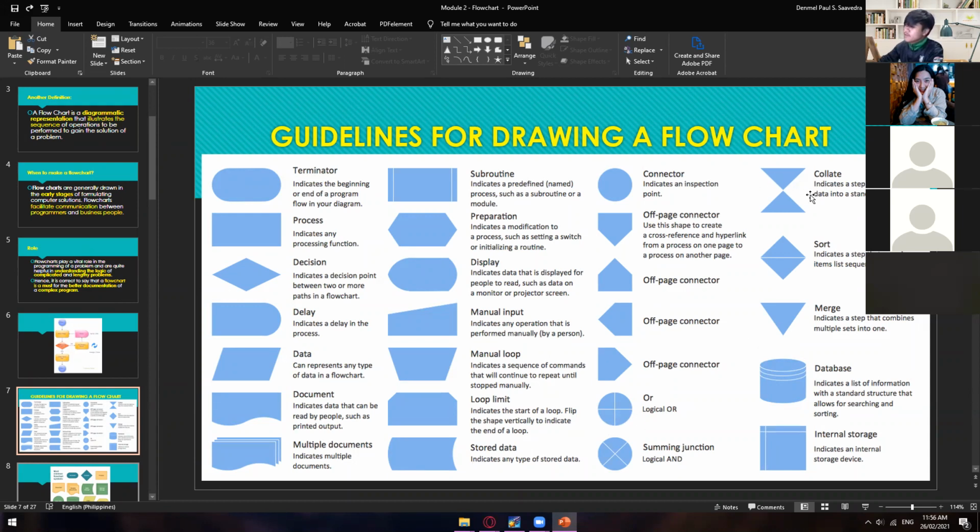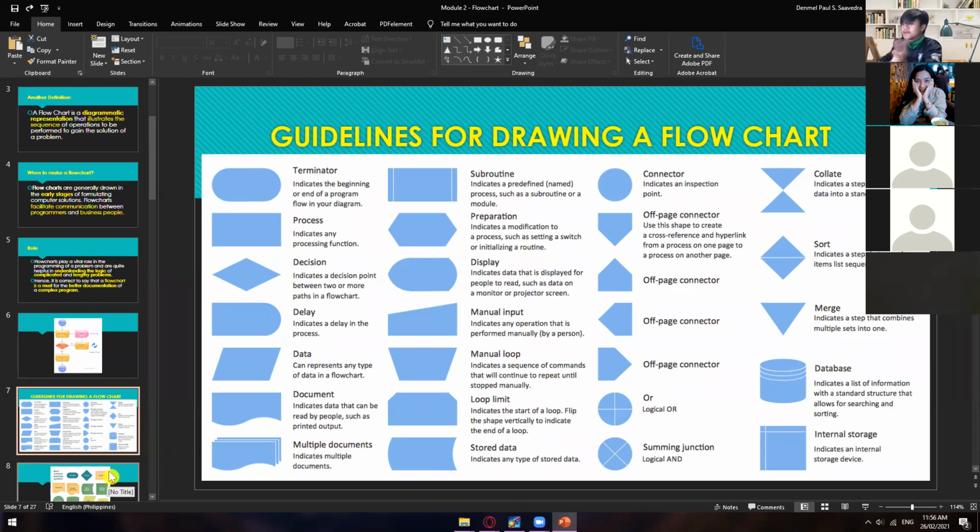And then we have here collate, sort, merge, etc. And then the last two, we have here database, wherein you will mostly use this one if you're going to use your flowchart with a database, of course. Say your program is using a database, PHP, Firebase, or any database that you're going to store your data. So those are the shapes that you can use in creating a flowchart.